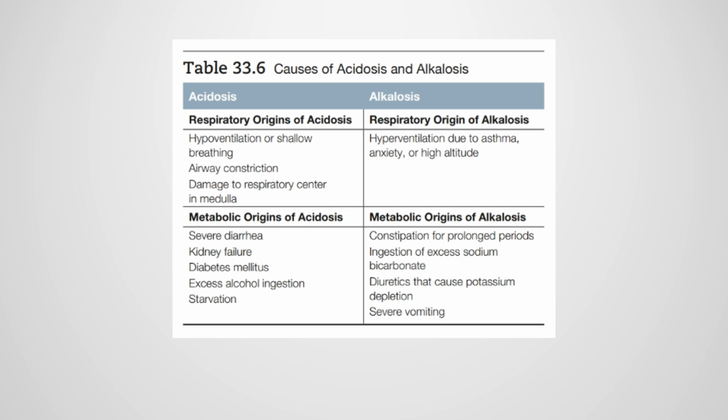So hyperventilation due to asthma, anxiety, or high altitude. If you're anxious, sometimes you hyperventilate and you blow off the CO2 that's in your blood. If you're at a high altitude, the oxygen is at a much lower concentration, such as at the top of a mountain.